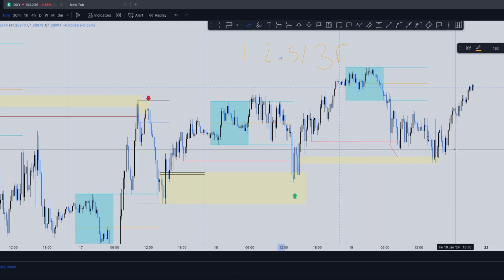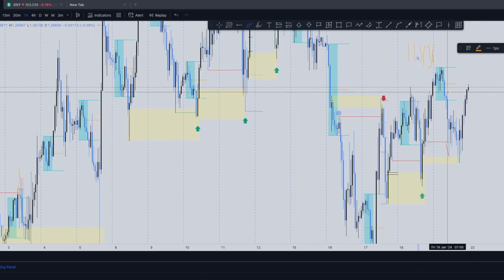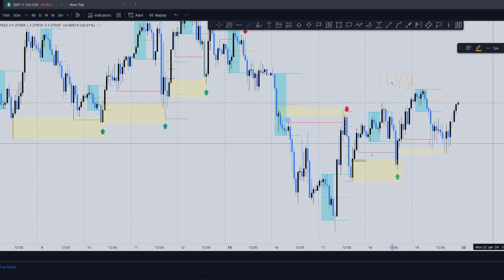Now, another tip that I want to give you guys is that all of these areas that I've shown you, when we're looking even on an H1, we can identify them as H1 wicks. So H1 wick highs, H1 wick lows, H1 wick lows, H1 wick lows, H1 wick highs.